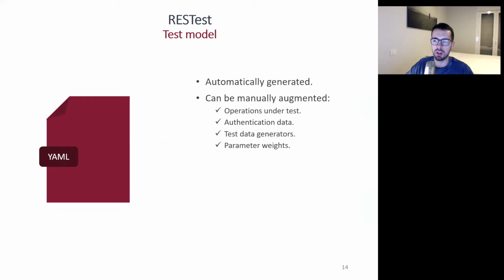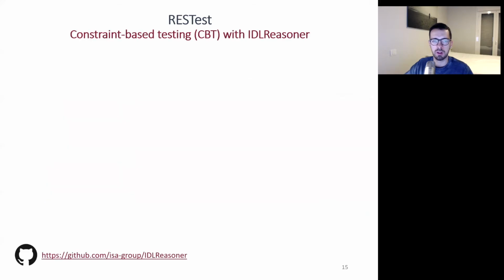If you need to create video IDs or language codes, you can create those with RESTest test data generators. And you can also include parameter weights in order to specify which input parameters you want to test more thoroughly than others.